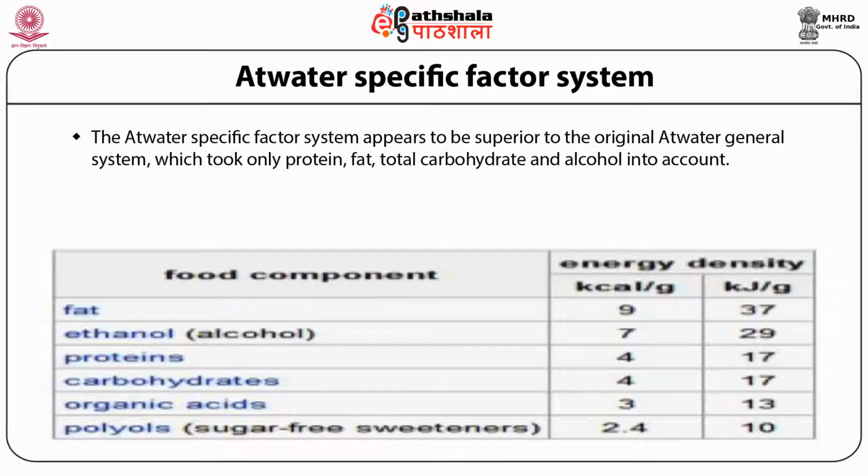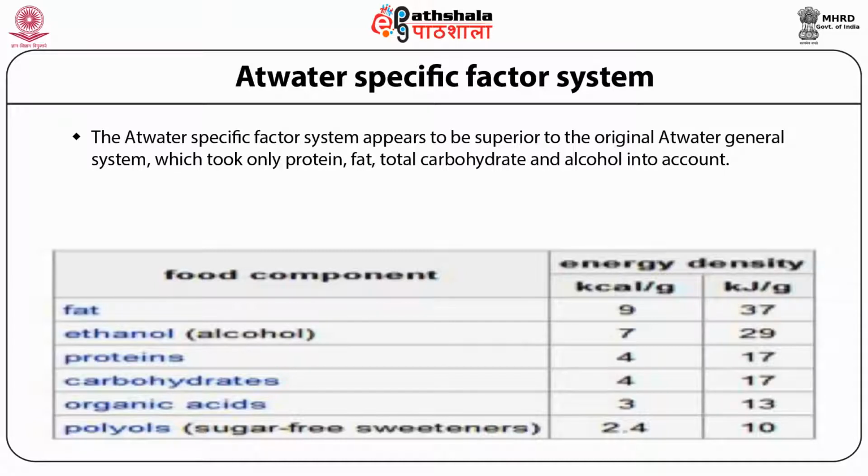Merrill and Watt made a refinement of the Atwater system. According to this, there are ranges in heats of combustion and in the coefficients of digestibility of different proteins, fat, and total carbohydrate.